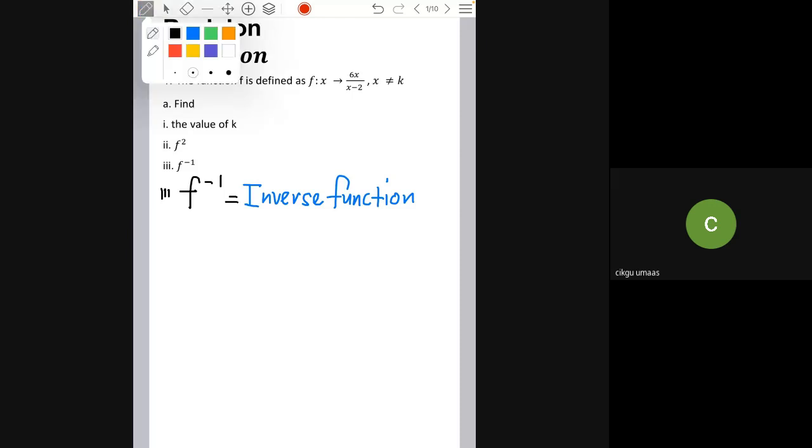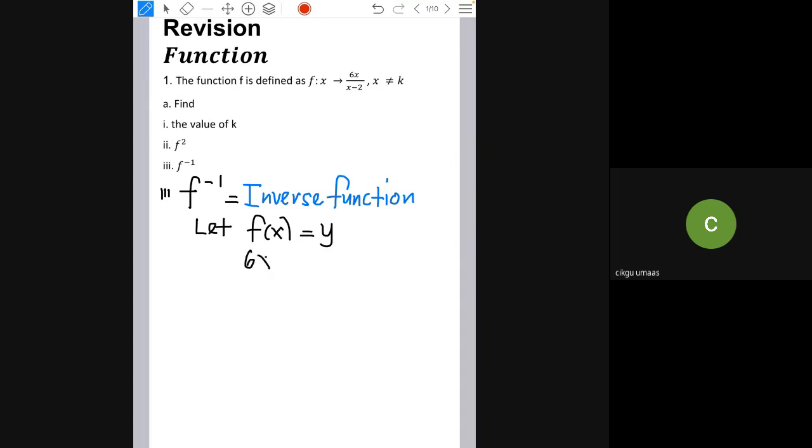The process starts with the keyword: let f(x) equal to y. So 6x over x minus 2 equal to y. Bring it up. So it becomes 6x equal to y bracket x minus 2.